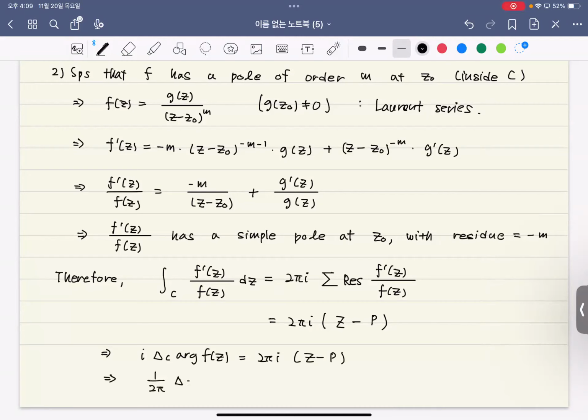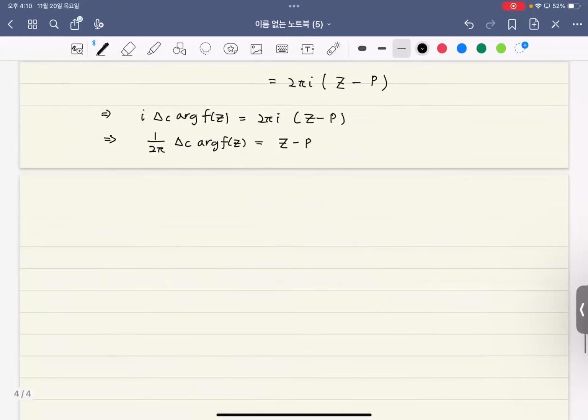The winding number is always the same as z minus p. Okay, great.